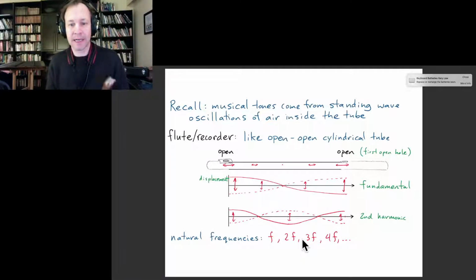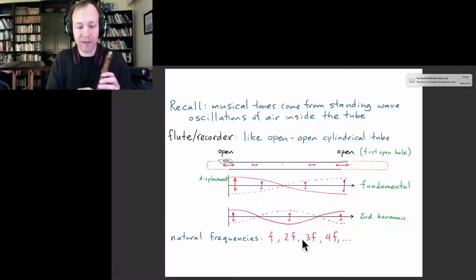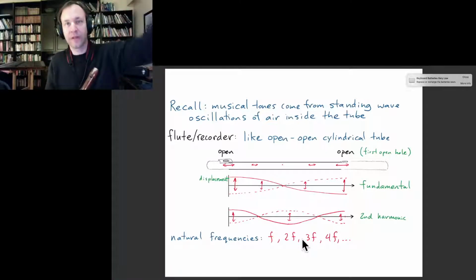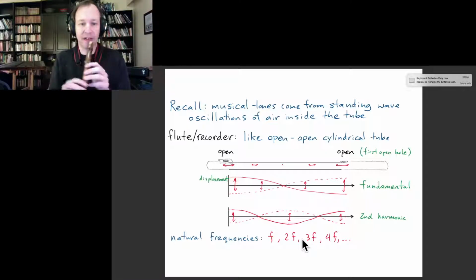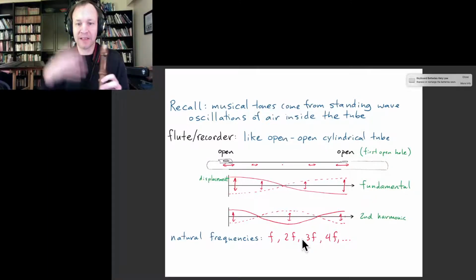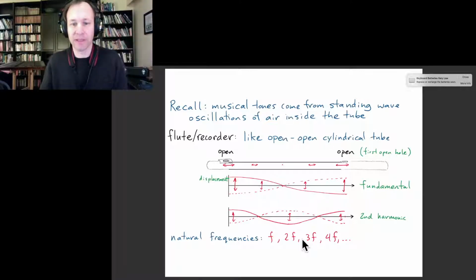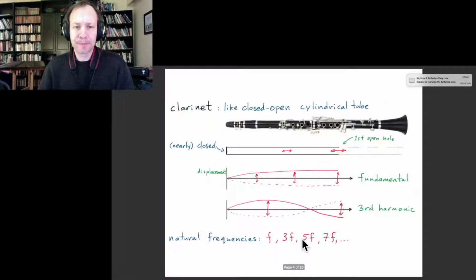If you play the first overtone that's possible, it's just an octave up, and then the fifth above that. And then you could, in principle, play higher ones as well.